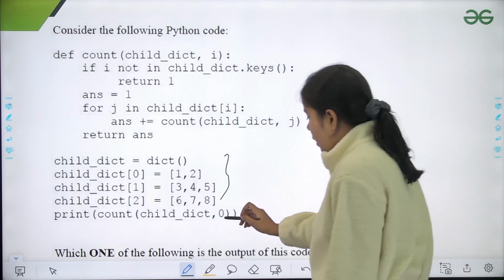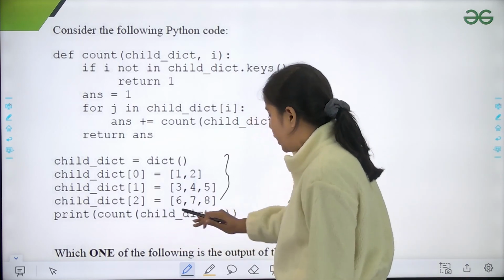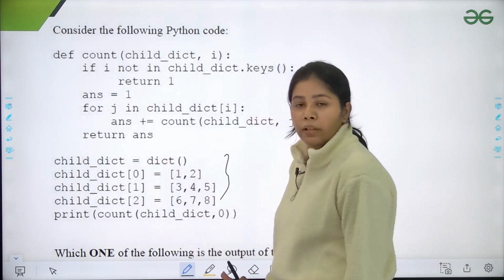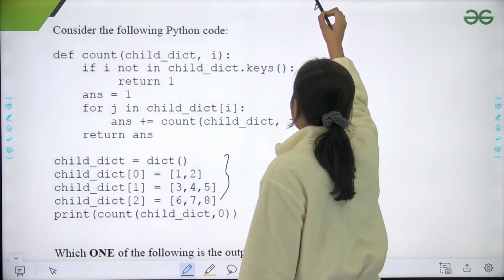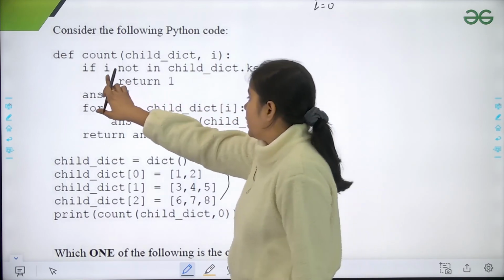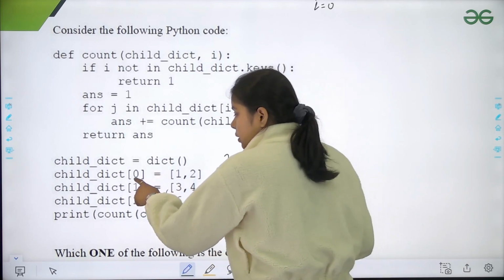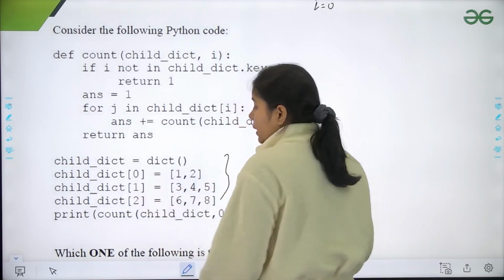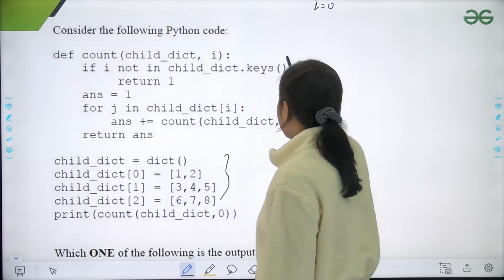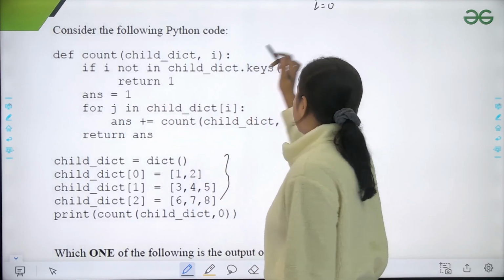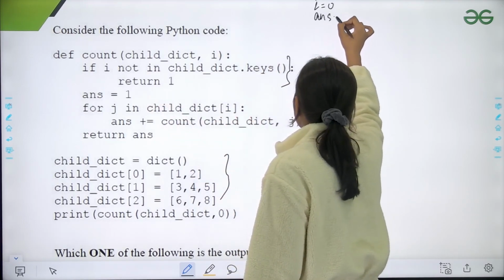So first of all, I can see here we have to run child dict comma 0, and we have been given a dictionary, right? So i is equal to 0. It says that if 0 is not in child dict dot keys, but in the keys of child dict we have 0, right? So this would not run. So at this point answer is equal to 1.